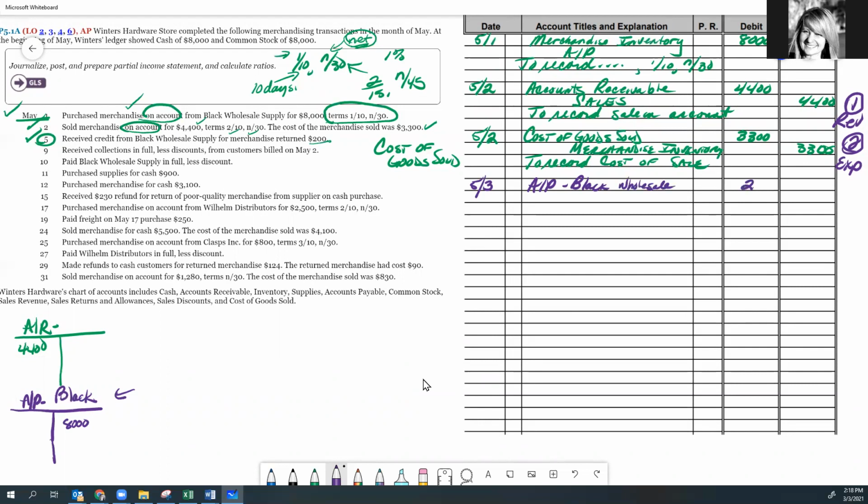And we're going to debit that accounts payable and make it go down because we returned the merchandise. Then we are going to credit our merchandise inventory. Merchandise inventory is an asset account. Crediting it makes it go down. So we no longer have that merchandise because we returned it to the wholesaler. So this is to record credit for returned merchandise.